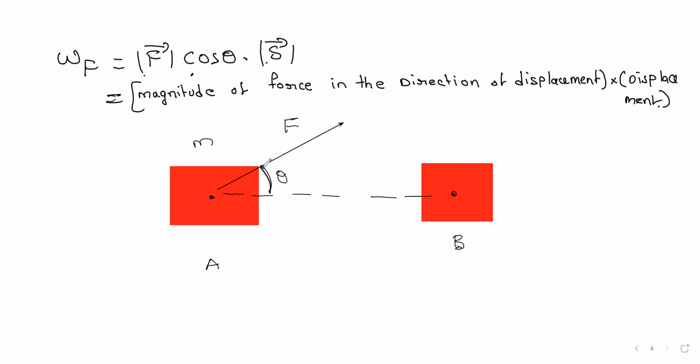So this is force F. The component of force along the horizontal is, so we have to make a small triangle here.